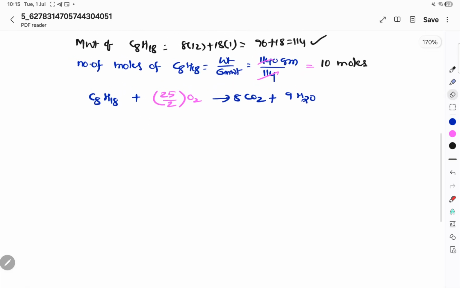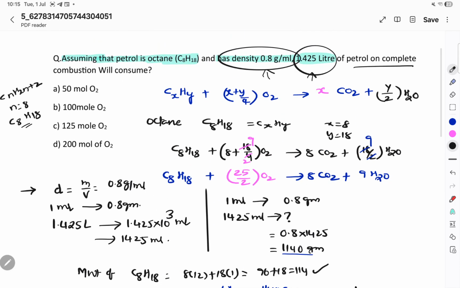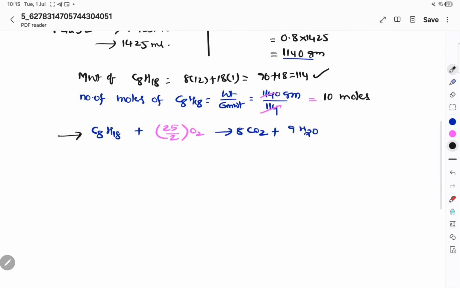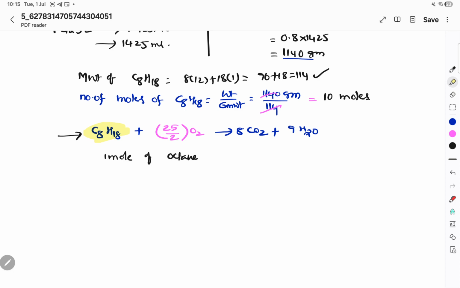Now from the equation, they are asking how many moles of oxygen complete combustion will consume. Now you can take 1 mole of octane. 1 mole of octane needs how many moles of oxygen? 25/2 moles of O2.